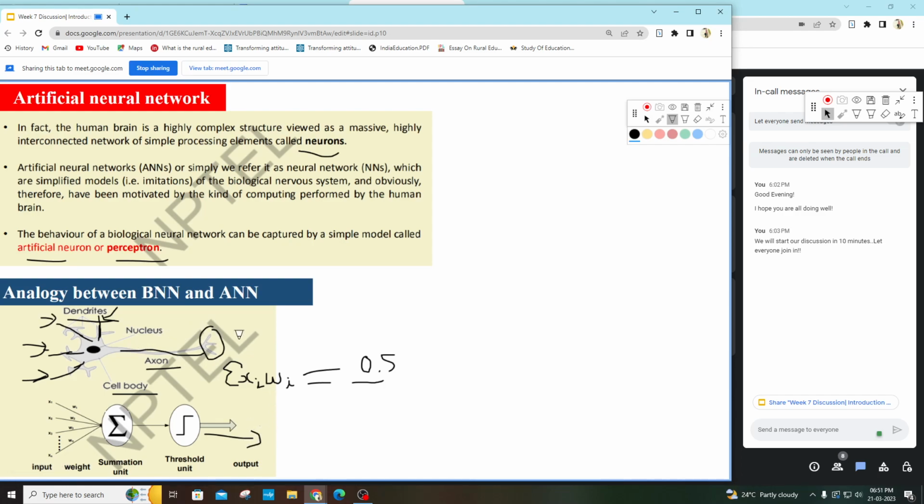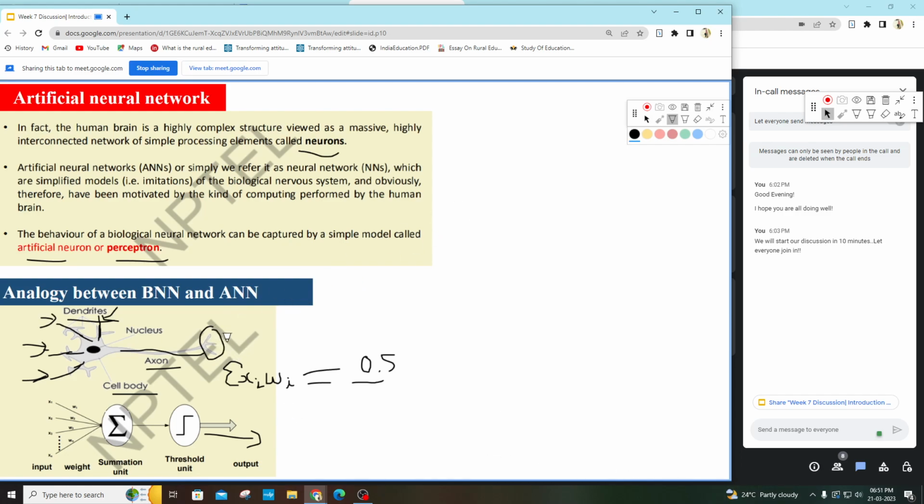Similarly here also, if your axon finds out that your information is important, then only this axon will transmit the information to the next neuron. Like this neuron, there will be many neurons here also, here also.